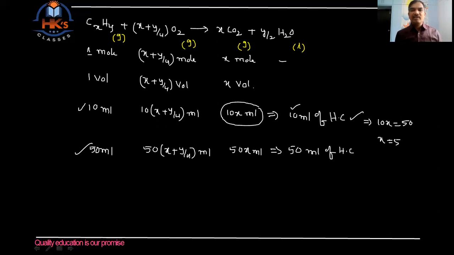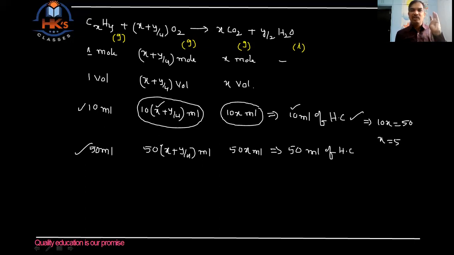After getting the value of x, you check that data and consider how much of the oxygen gas is given or exactly reacted as per the given data. Then equate that volume of that particular oxygen with this one. We already got the value of x now. Substitute the value of x here and equate this value with how much of the oxygen is consumed, so that we will get the value of y.